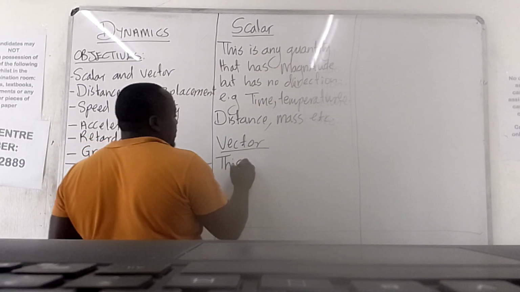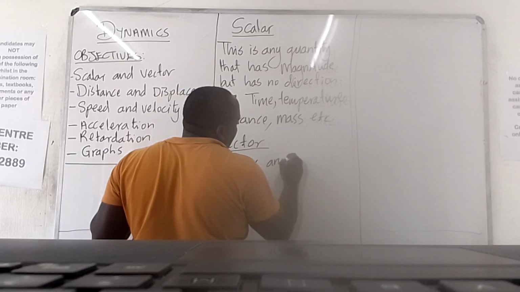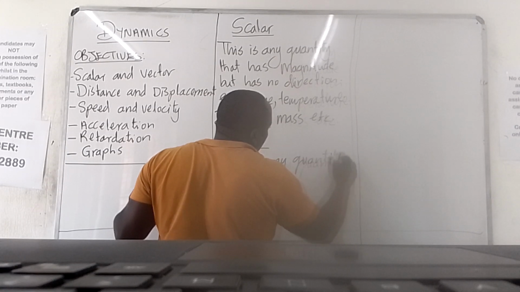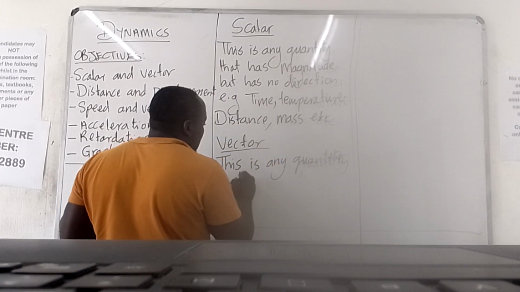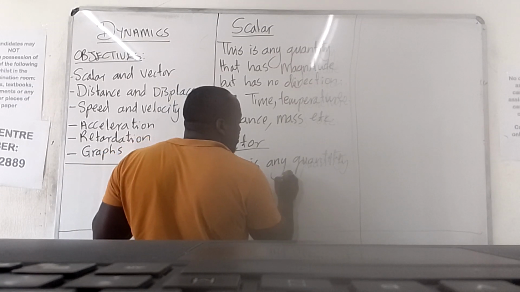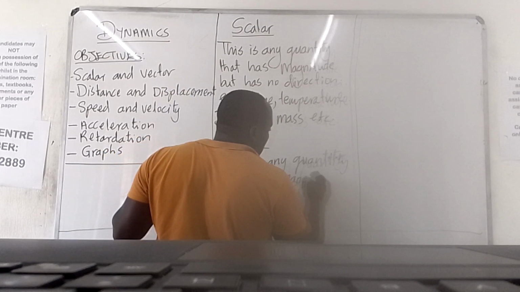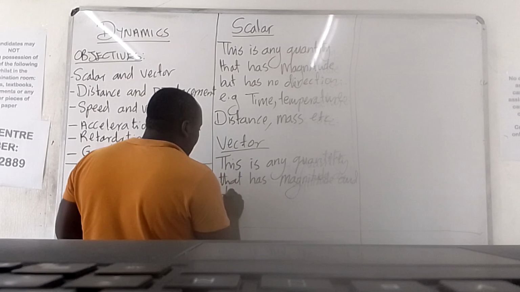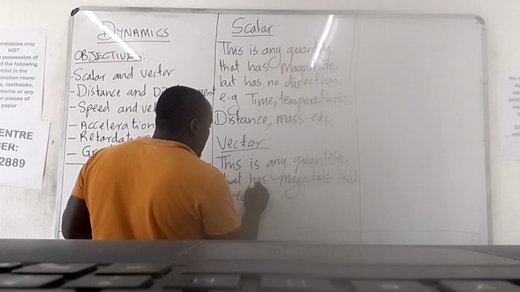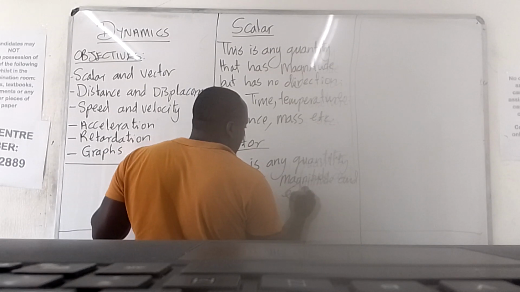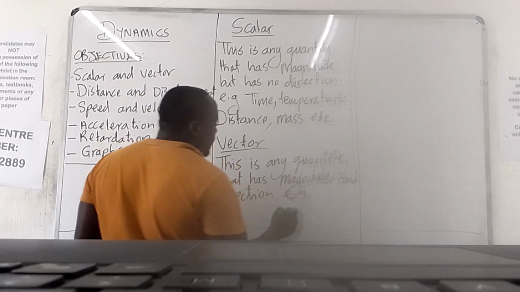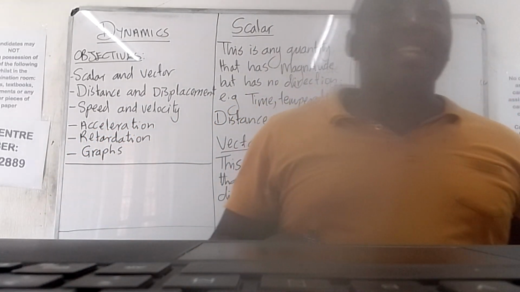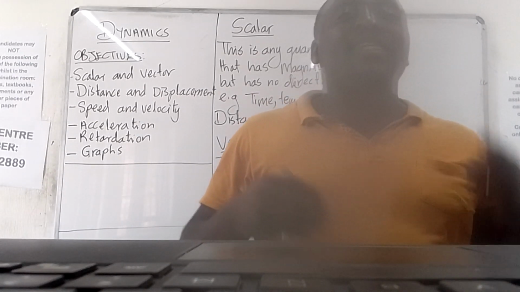This is any quantity that has magnitude and direction. For example, displacement: you state, say, 10 kilometers northeast.